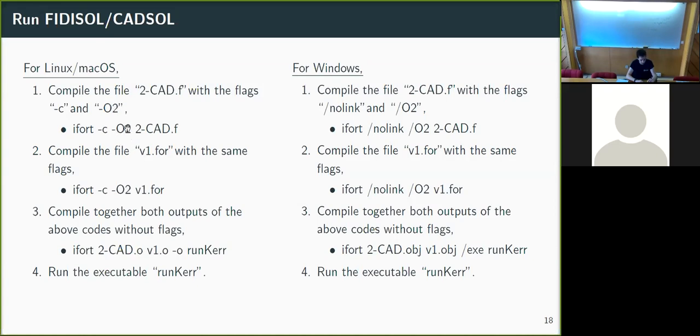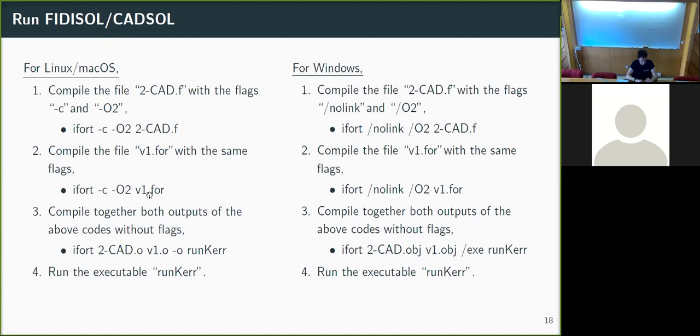With this, you can then use that output in this line to run everything. This O2 flag is just an optimization flag. By default, Fortran already does this, so you could omit it. It's not very important. Then we do the same for the v1 file, which is the file that we altered, and we put everything there.